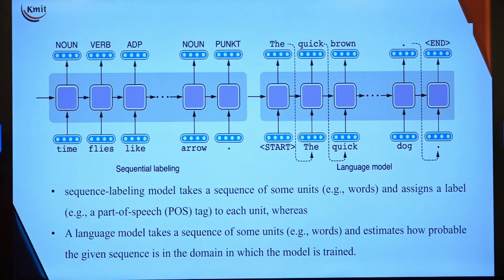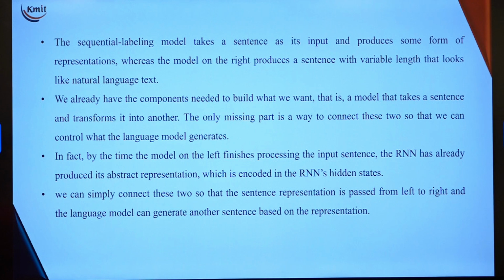Okay, so the sequential labeling model takes the sentence as input and produces some form of representation, where the model on the right, that is the language model, produces a sentence with variable length that looks like natural language text. So both these components individually can perform, but how do we do it?